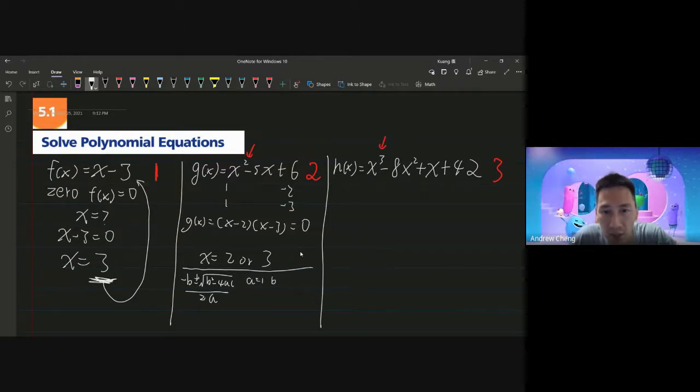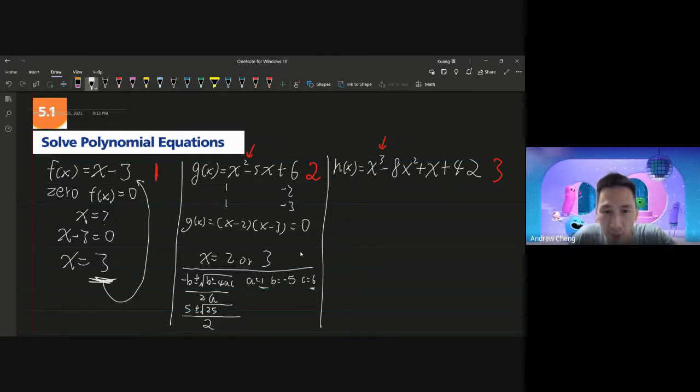And b is the coefficient of the x term, so that will be negative 5. C is the constant term, which is 6. If I plug into this formula, it will be negative 5 plus or minus, over 2a, that's over 2. b is negative 5, b squared is 25, minus 4ac.